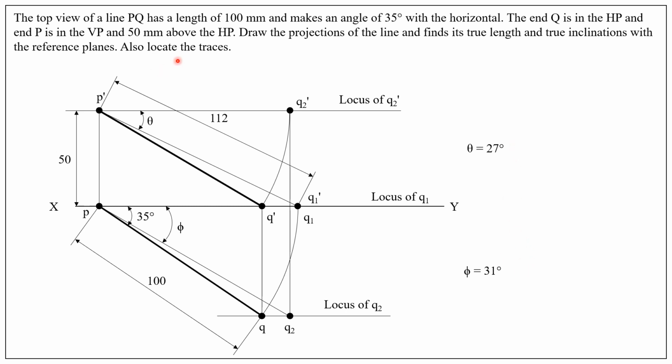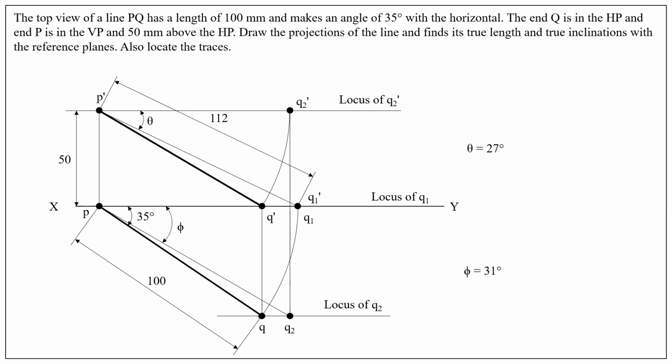What is next? Locate the traces. The line has two ends. One is P, another one is Q. What is a trace? Trace is nothing but a point.